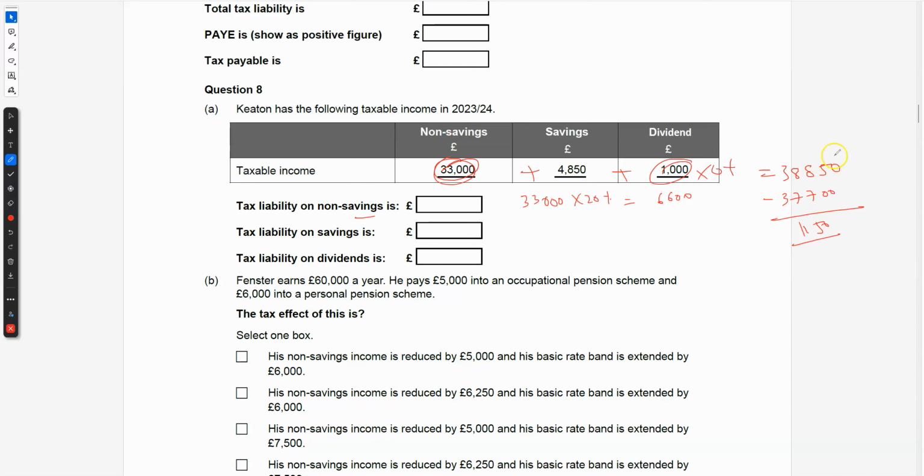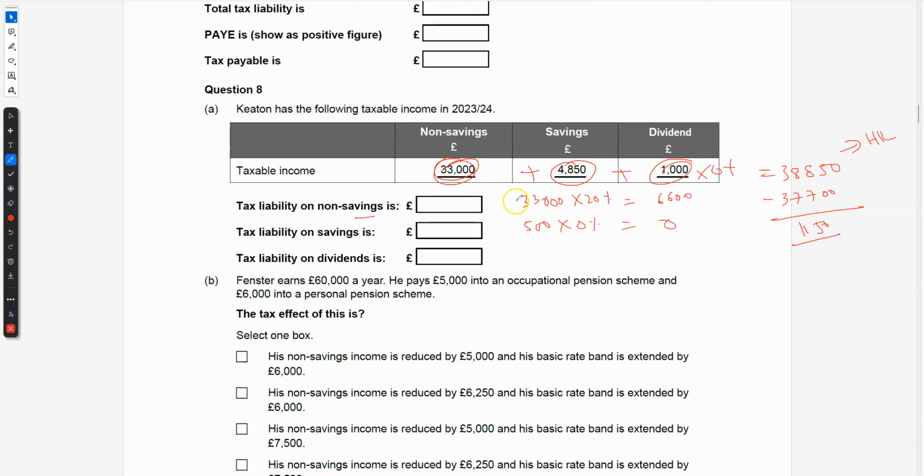As I'm a higher rate taxpayer, because I crossed 37,700, my allowance for the savings is 500. So the first 500 from 4850 doesn't pay any tax, it is zero rated, and the rest goes up to 37,700.